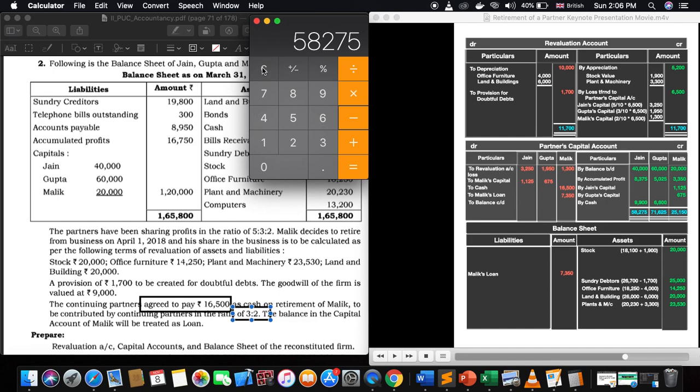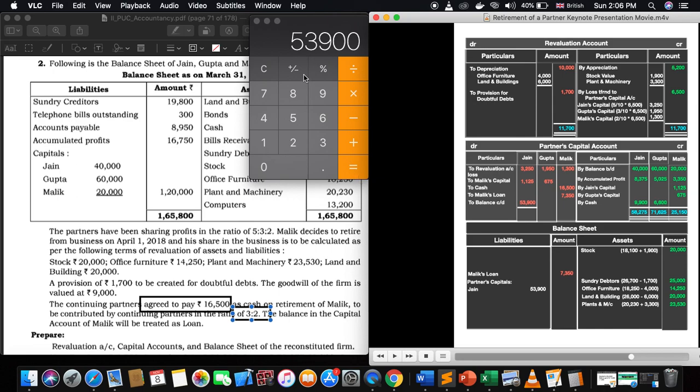So we'll reduce both the values. 3,250 minus 1,125, which is 53,900. So 53,900 is the new capital for Jane, which we will write over here.